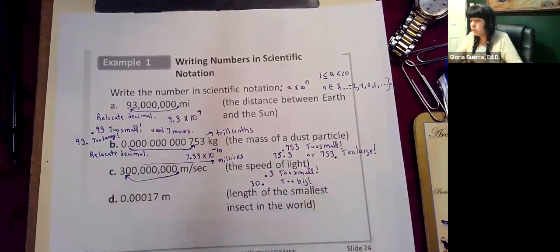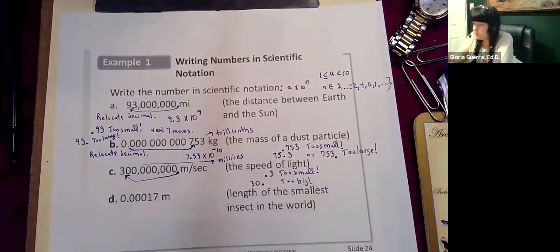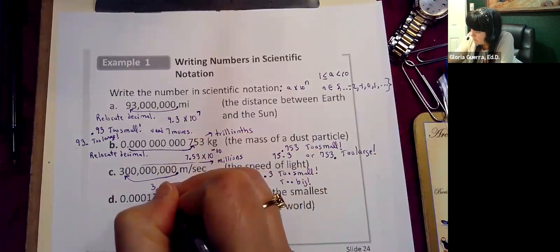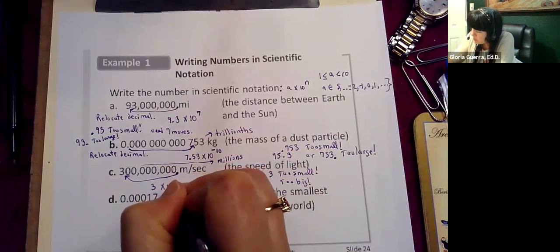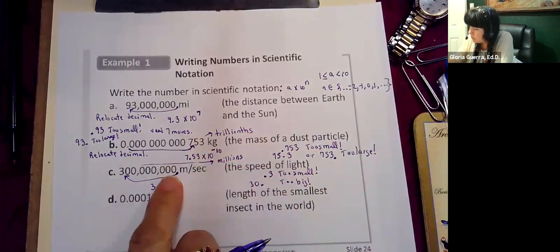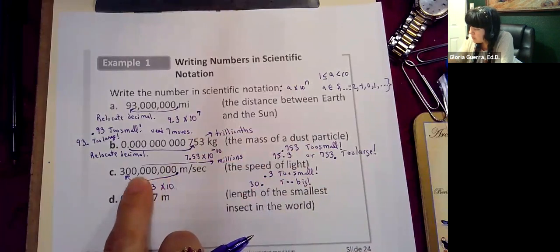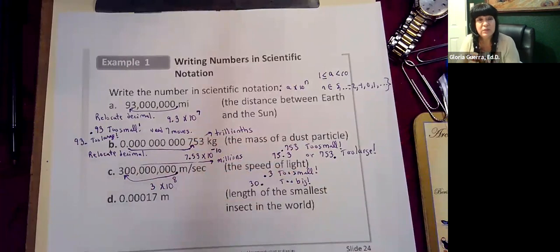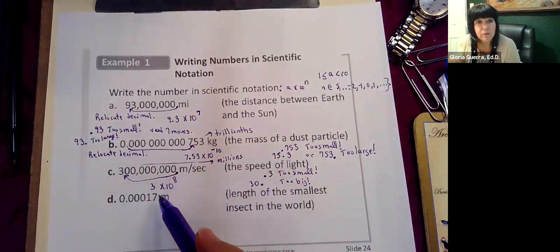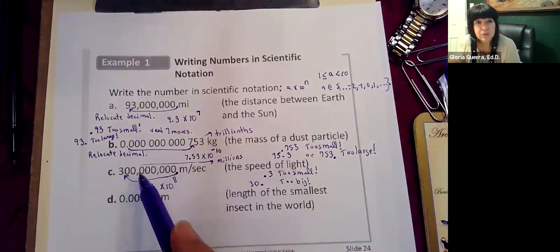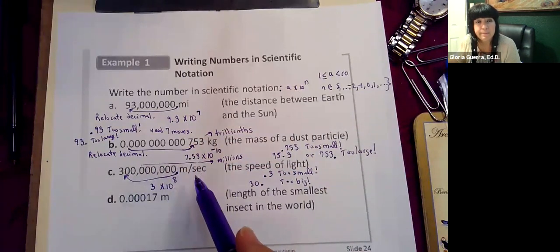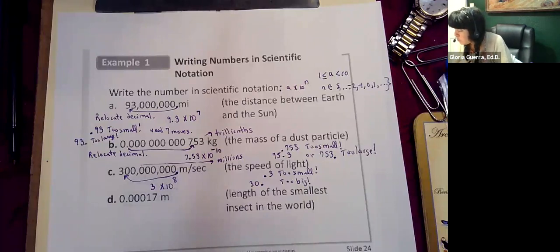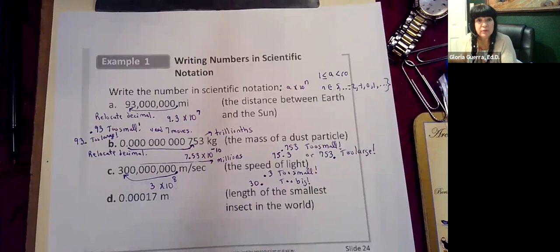So just move it between the 3 and the 0. So 3 times 10, and then count 3, 6, 7, 8. So it looks like you have 3 times 10 to the 8. This is a large power, and when you multiply that, it will make this large also. Those are your properties, those are the ideas.